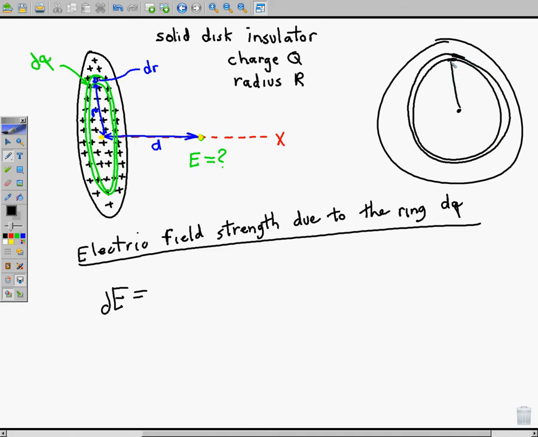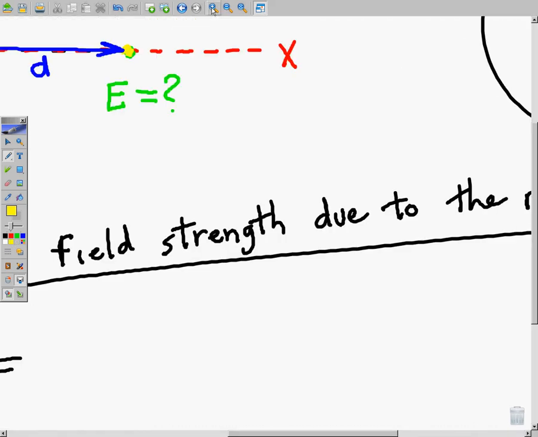And what is this distance from here to here? That's the radius. And what is the distance from here to there?